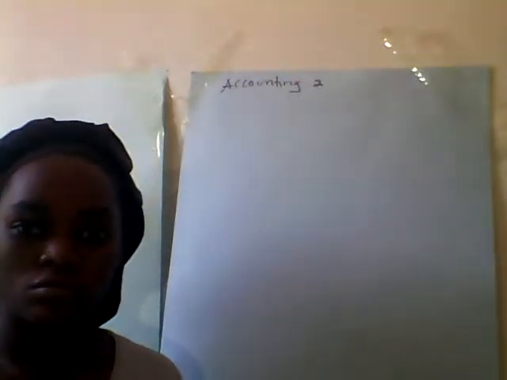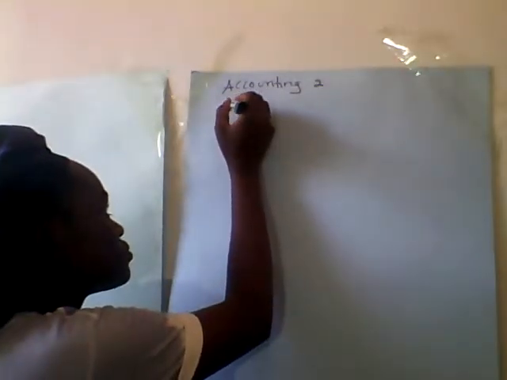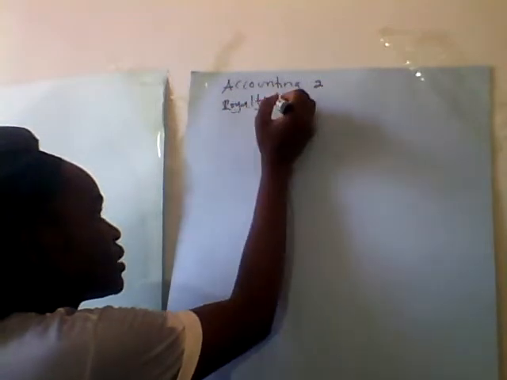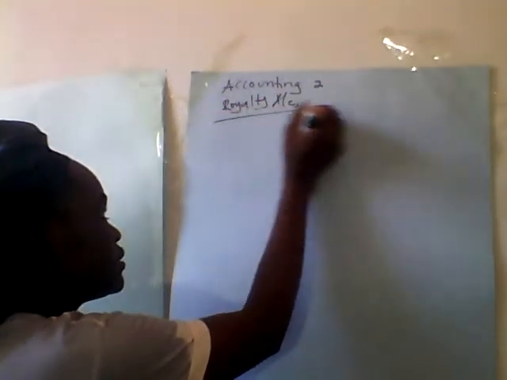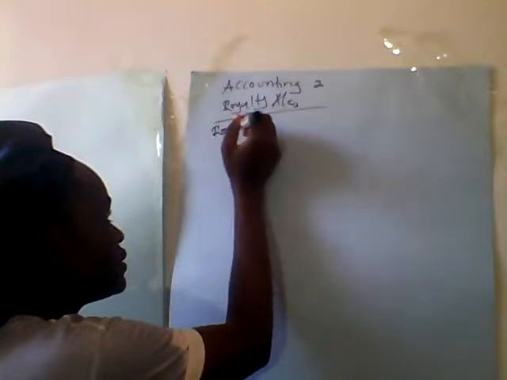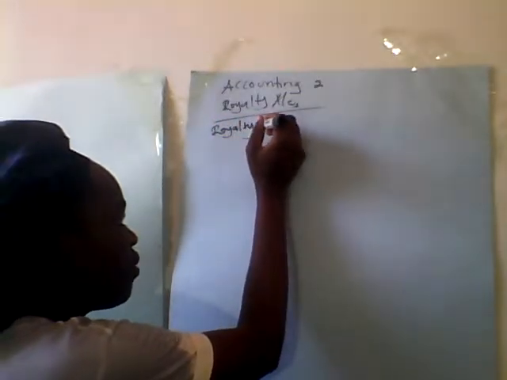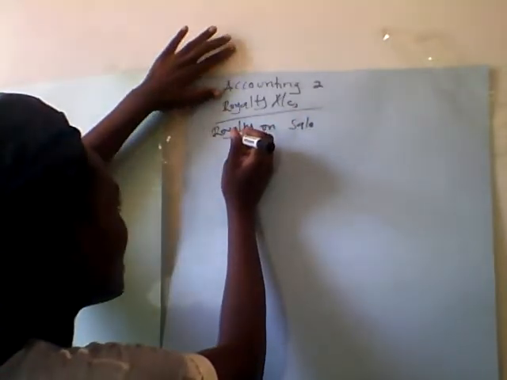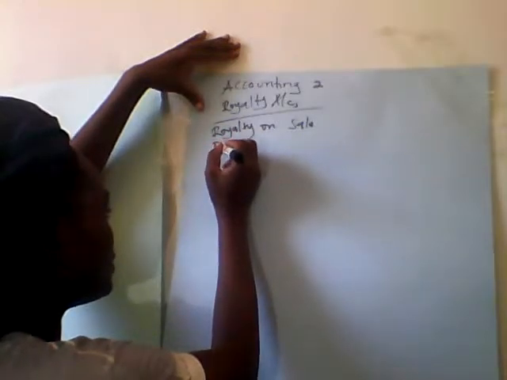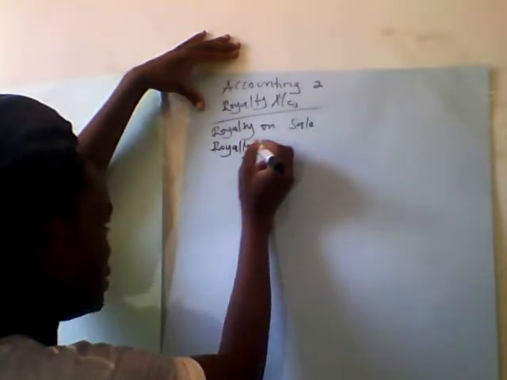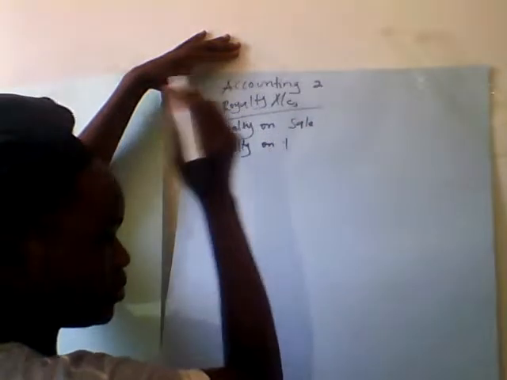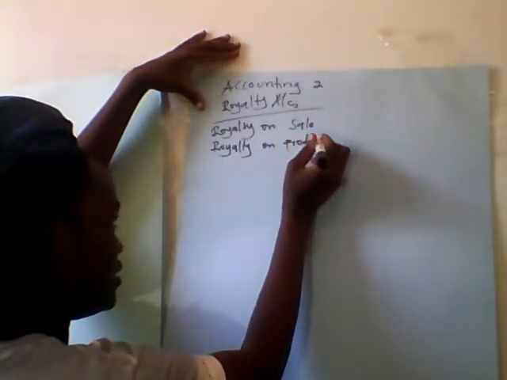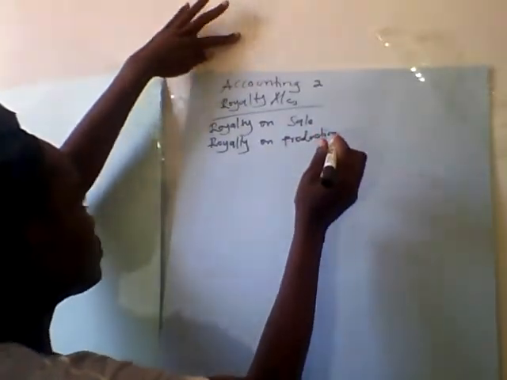So we always have two things in royalty: royalty on sale and royalty on production.